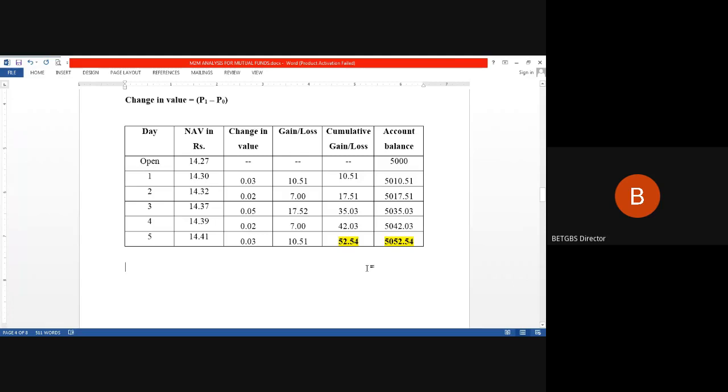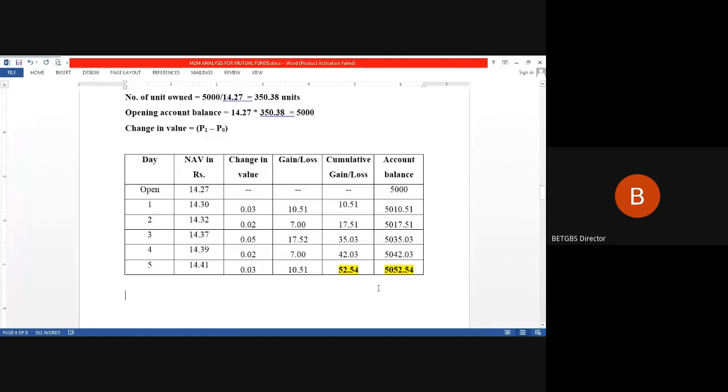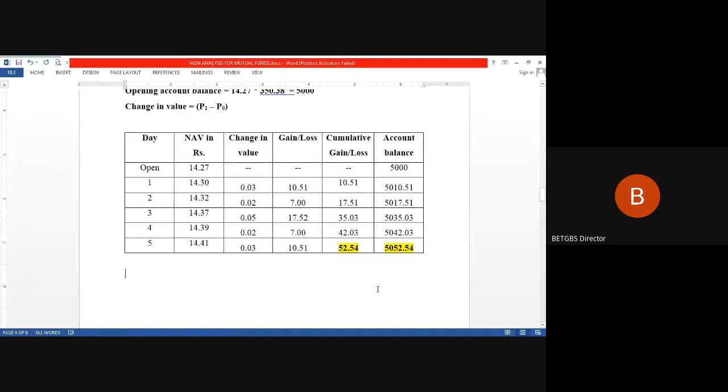The gain will be about 52.54 rupees. So this is how we do this M2M analysis in the NAV computation.